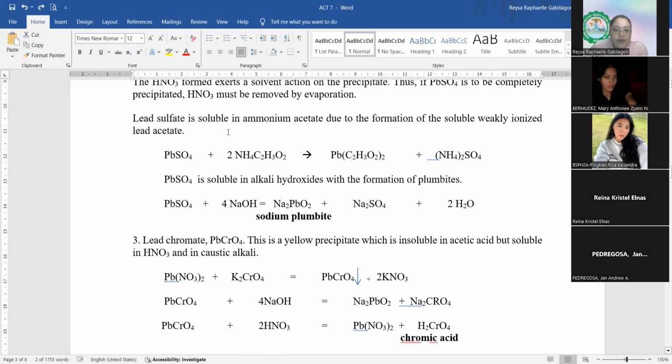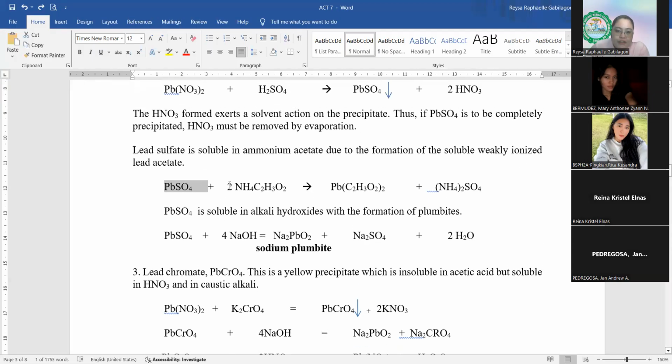Okay, so lead sulfate is soluble in ammonium acetate due to the formation of the soluble weakly ionized lead acetate. So this is it, lead sulfate, when you react it with ammonium acetate, you will get the lead acetate. Okay, which is soluble.